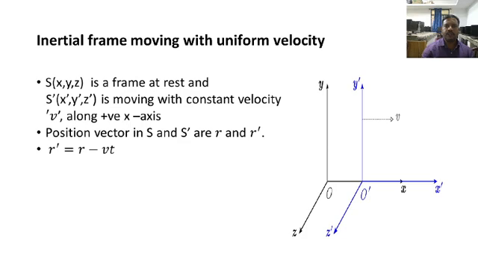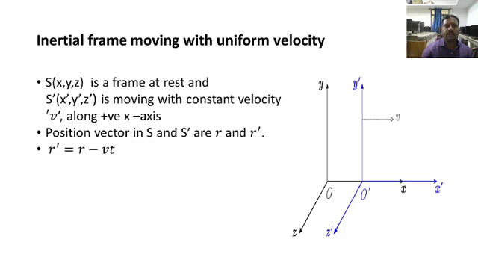We shall consider two frames, with O as the origin and X in Cartesian coordinates, and another moving frame with X dash, Y dash and Z dash, which is in motion with respect to the frame which is at rest.